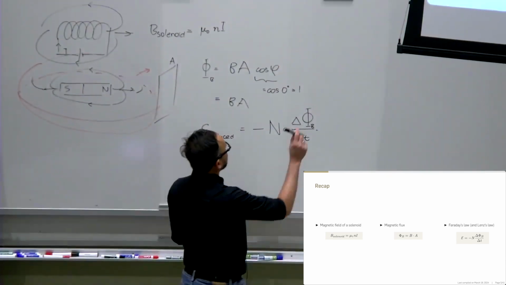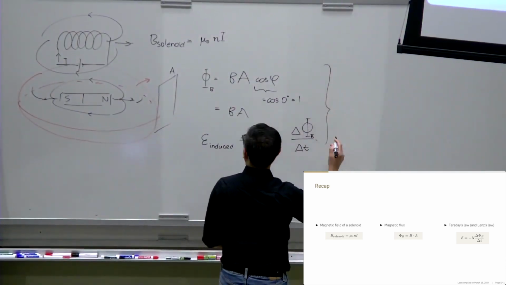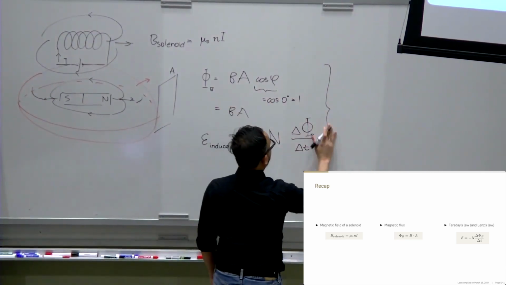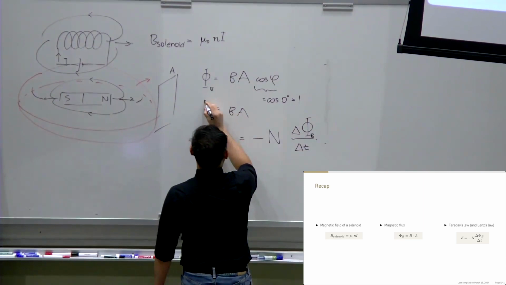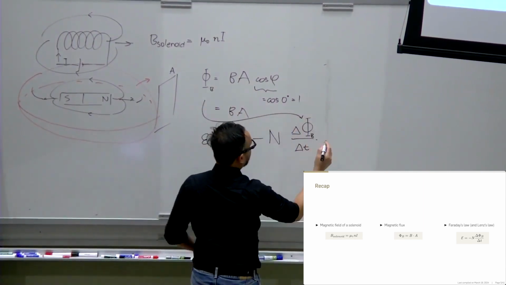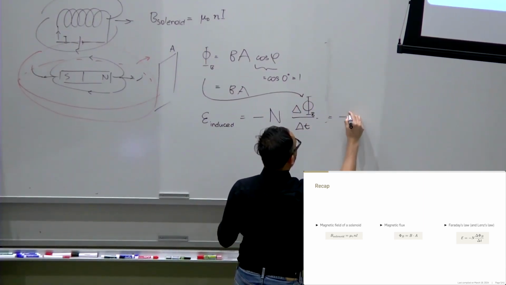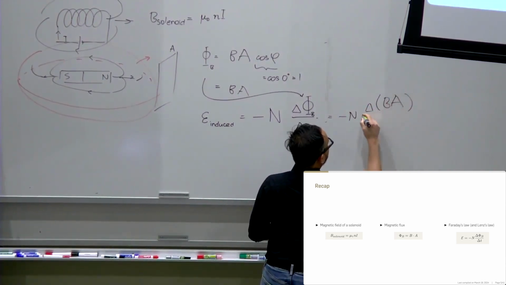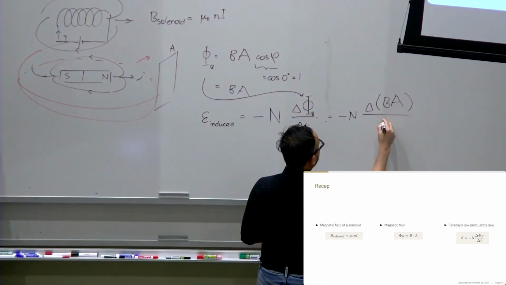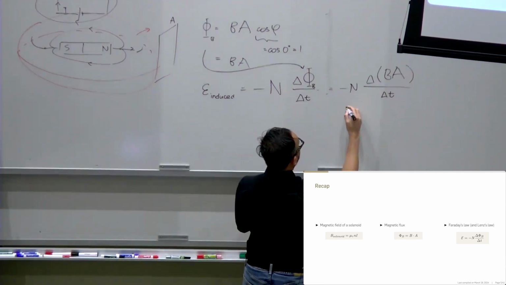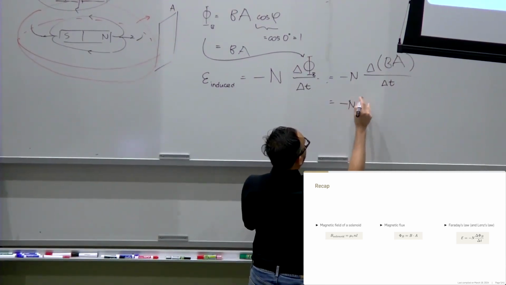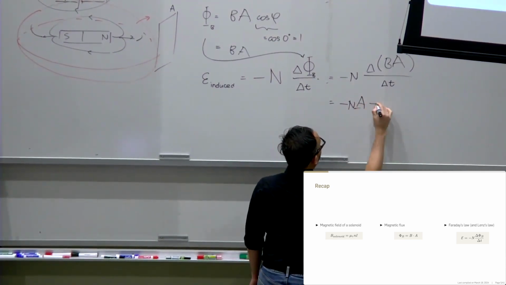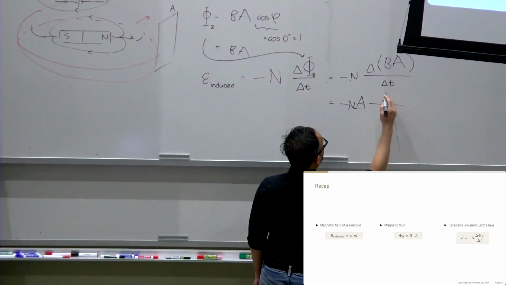is you can combine this, or you can just use phi here. So it's minus N delta BA times delta t divided by delta t, and then minus N, A stays the same, and then this delta t also stays the same.